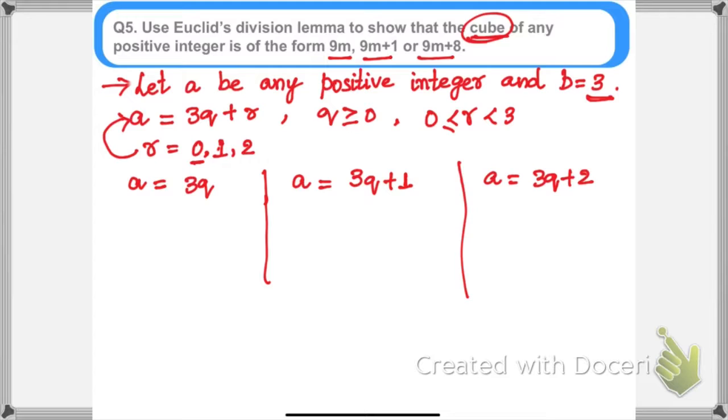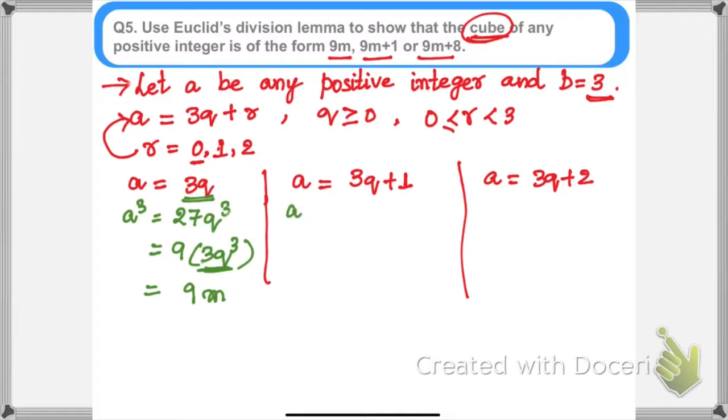Cubing on both sides, we will get a cube equal to (3q) whole cube, that means 27q cube, and that will again be equal to 9 into 3q cube, and considering this as m, you can write it as 9m.